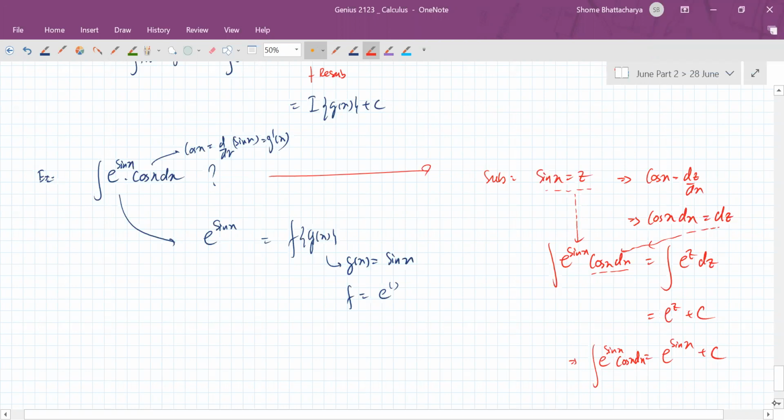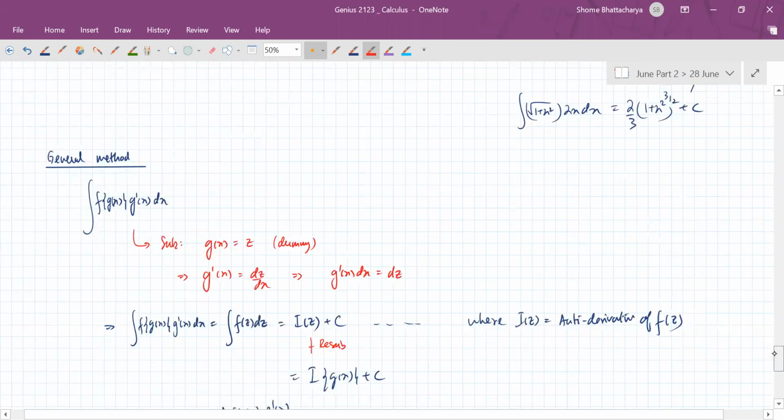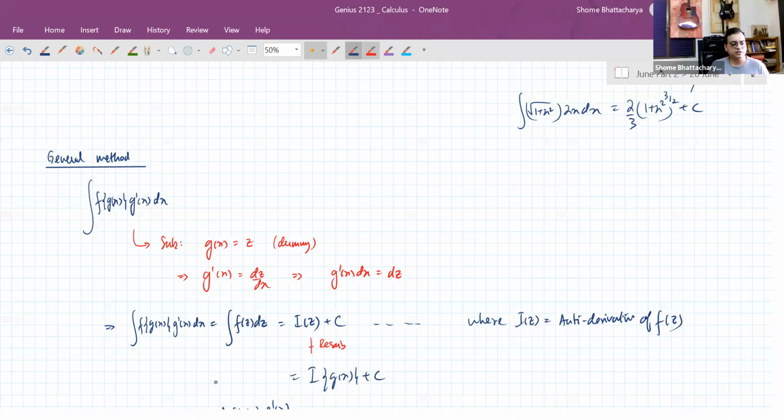Sir, can you please show me the general formula once again? Yes. So this becomes a general formula.